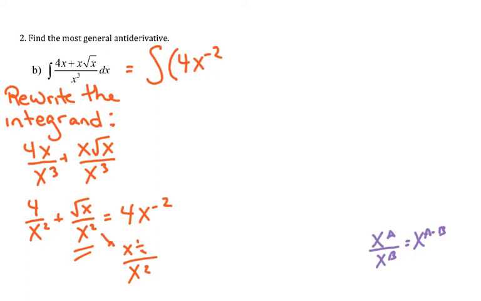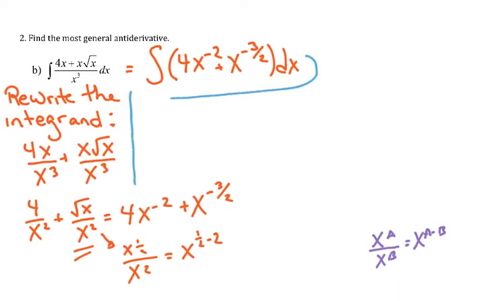That's another way to write that. So that would be x to the 1/2 minus 2. So that becomes x to the minus 3/2. And now I've turned it into an expression that we know how to find the antiderivative of.